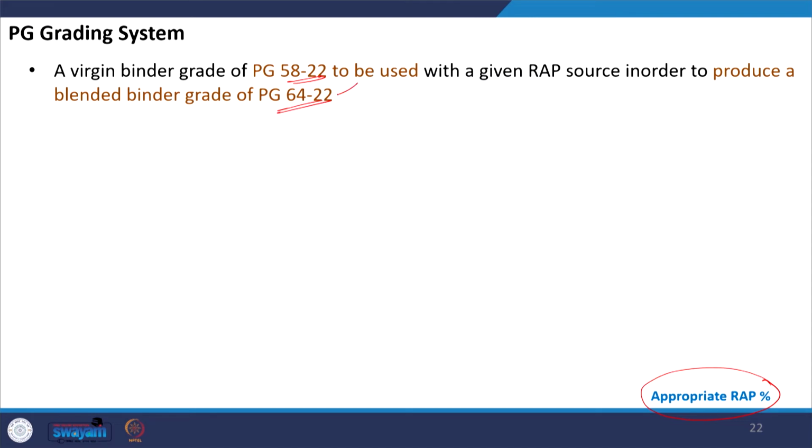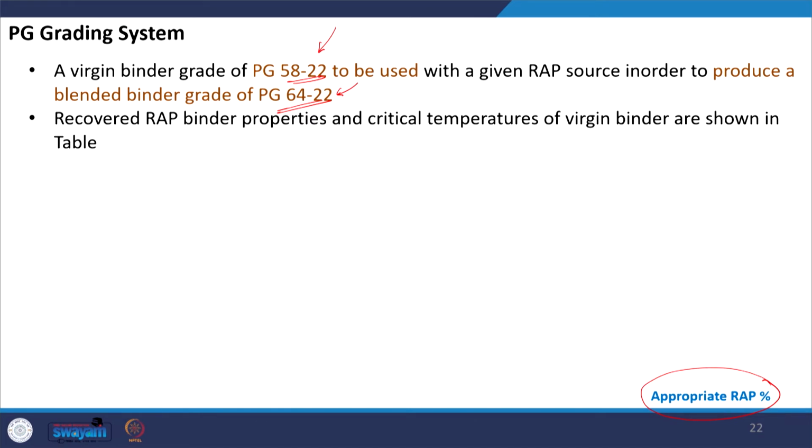So the target binder is fixed and the virgin binder to be used is fixed, and we have to determine the maximum percentage of RAP I can use, or the range of RAP percentage I can use, considering all three criteria. The recovered RAP binder properties and the critical temperatures of the virgin binder, which means PG 58 minus 22, are shown in the table.